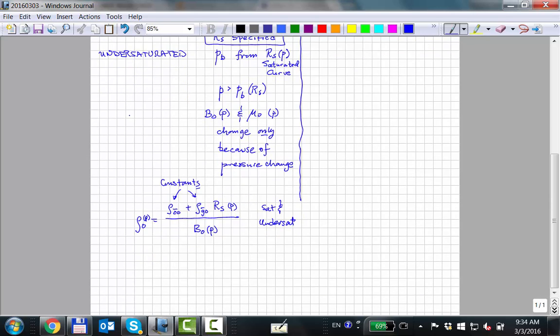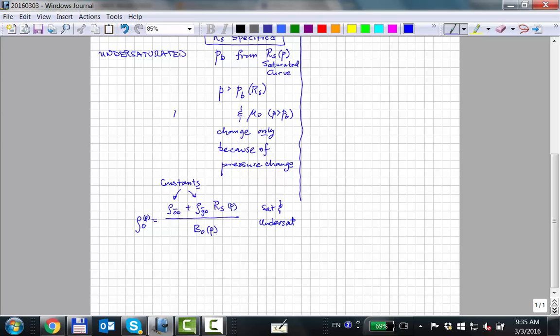So BO and MUO are going to be given. I probably should have written this a little bit differently. These are going to be given for a series of pressures greater than the bubble point of this particular oil.